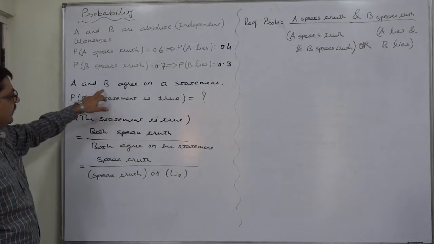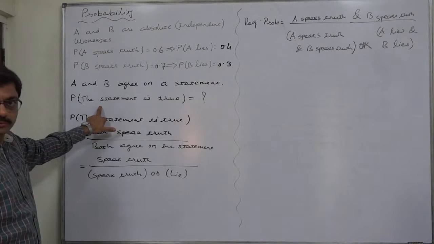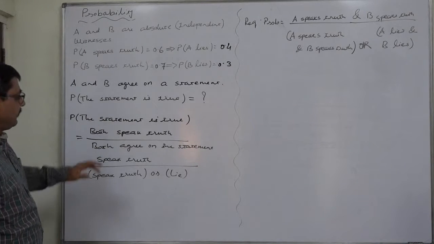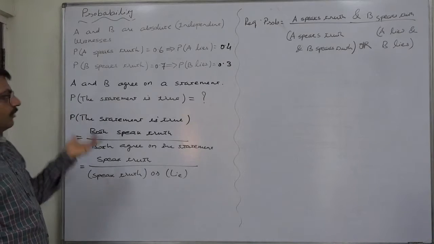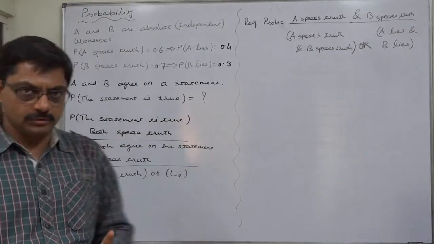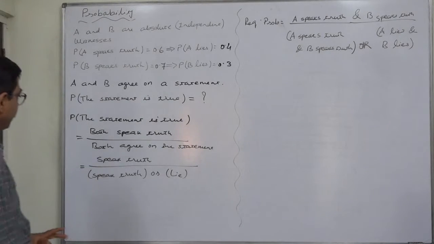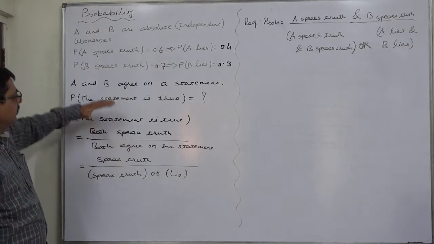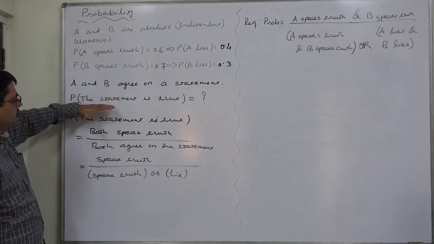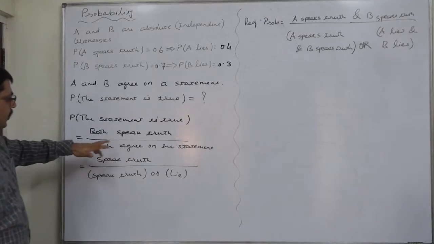Now, A and B agree on a statement. What is the probability that the statement is true? We know that A and B can agree on a statement in two ways: either both speaking truth, or both lying. But the point of interest is that the statement is true.